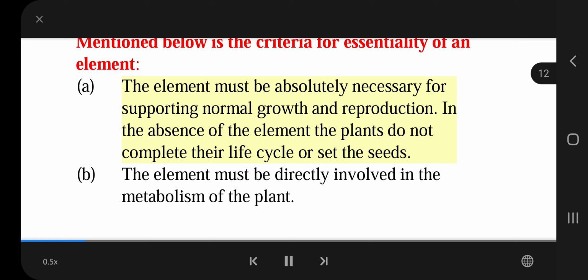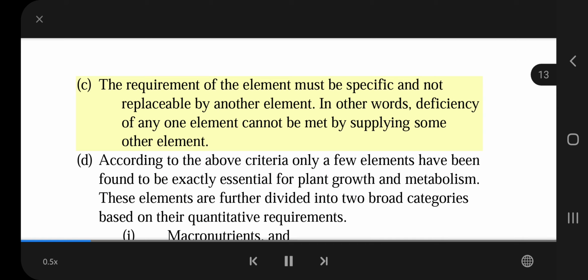In the absence of the element, the plants do not complete their life cycle or set seeds. B. The element must be directly involved in the metabolism of the plant. C. The requirement of the element must be specific and not replaceable by another element. In other words, deficiency of any one element cannot be met by supplying some other element.